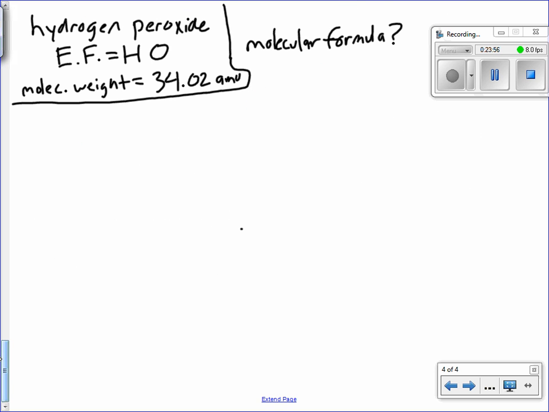All right. So we know the molecular weight, and we can find the molecular weight of the empirical formula. So the formula you're going to use to solve this is going to be molecular weight divided by the molecular weight of the empirical formula.